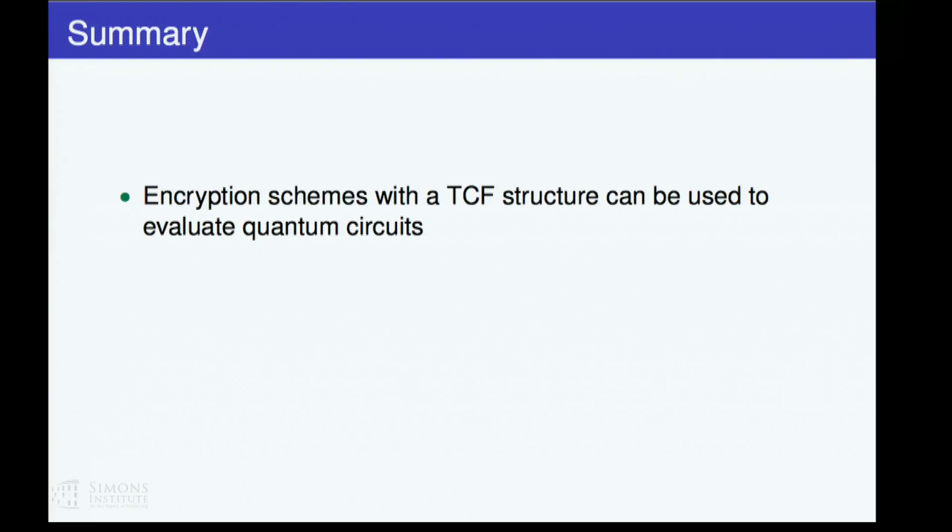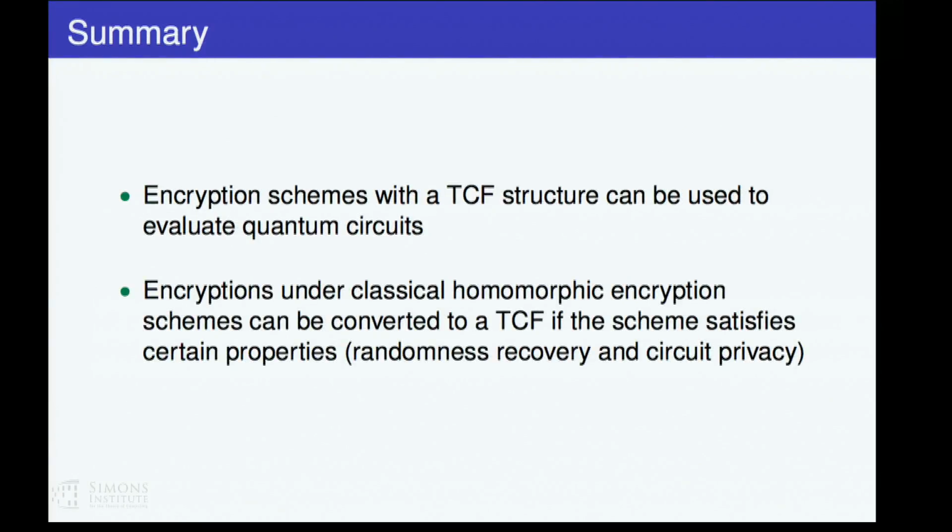To get a quantum homomorphic encryption scheme, I need to make this more general. So I need to show that given an encryption under a classical homomorphic encryption scheme, I can convert it into this TCF structure. And I can do that if the classical homomorphic encryption scheme satisfies certain properties. So cryptographers might know these properties.